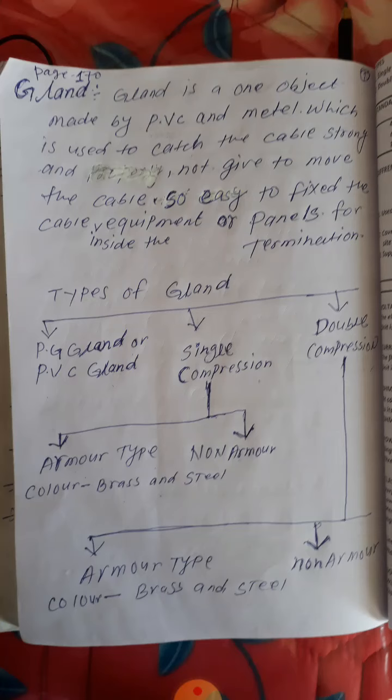This means that if you make the gland like that, it is easy to put the cable inside the panels or equipment, and after that you can do the termination.